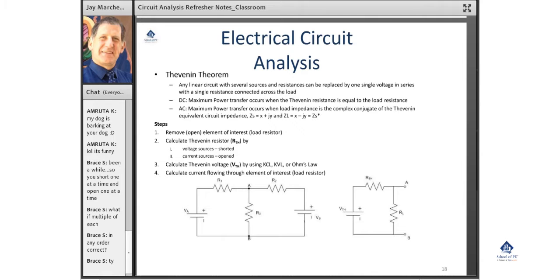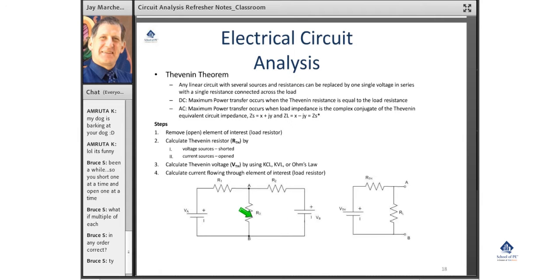So all it's saying is that if you have a circuit like what we've shown here, with a source and a series of resistances, from the perspective of the terminals A and B, this can be replaced with a Thevenin voltage and an equivalent Thevenin resistance, as seen from the terminals.